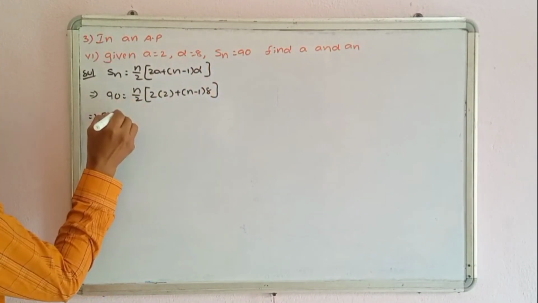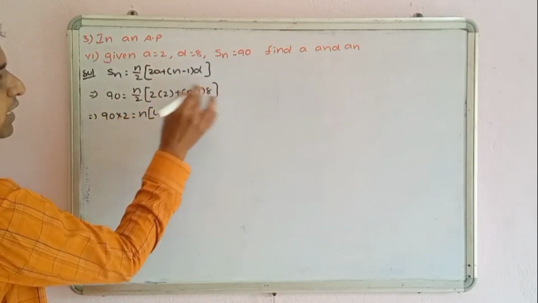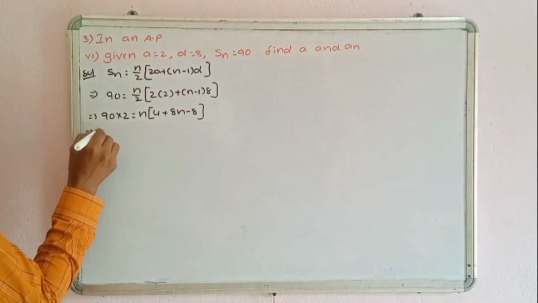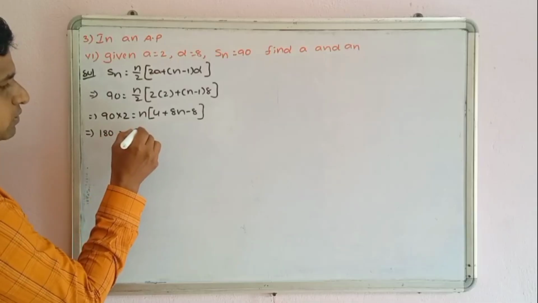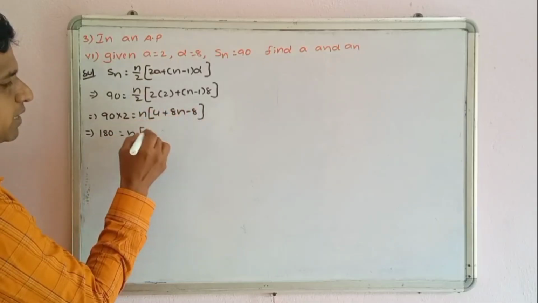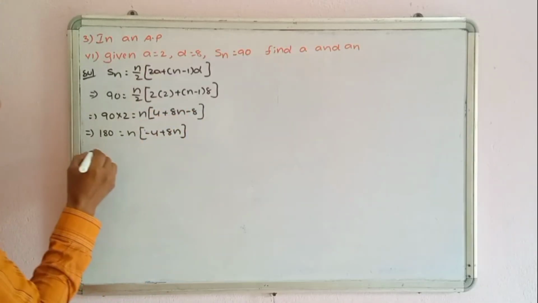So 90, transposing the 2 and multiplying, equals n into 2 times 2 is 4, plus 8 times n minus 1 is 8n minus 8. So 90 times 2 is 180 equals n into 4 plus 8n minus 8. 4 minus 8 is minus 4 plus 8n.